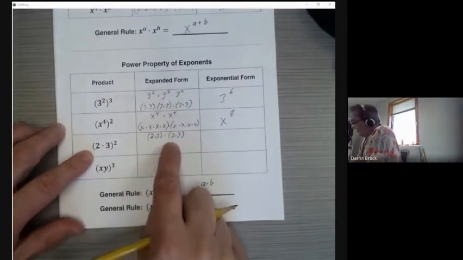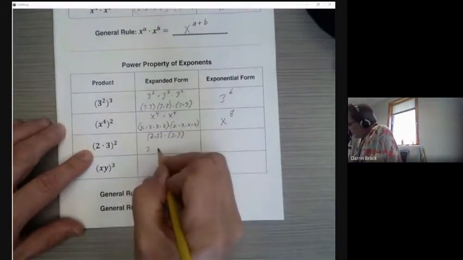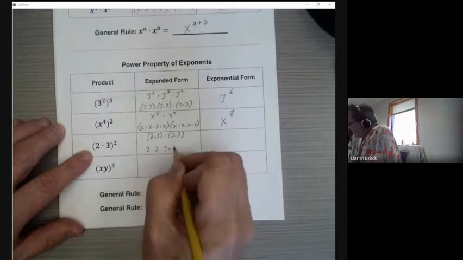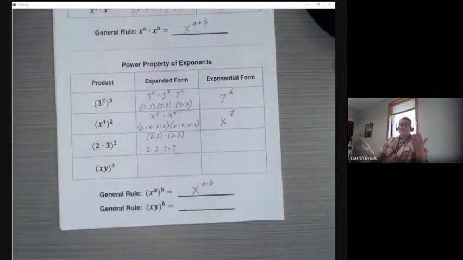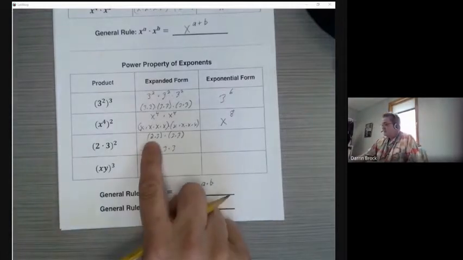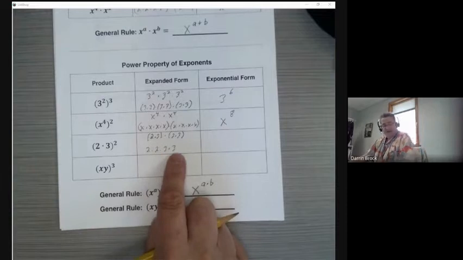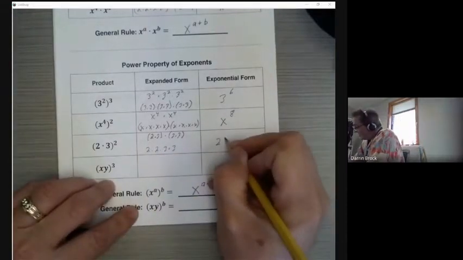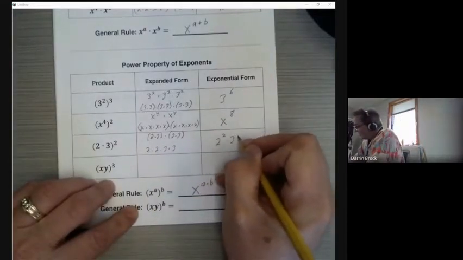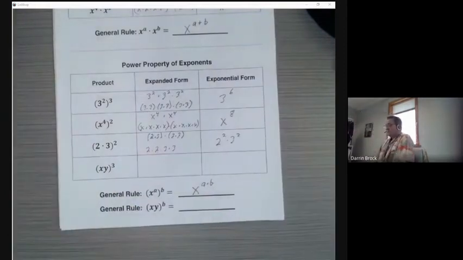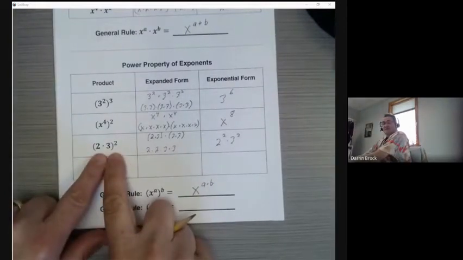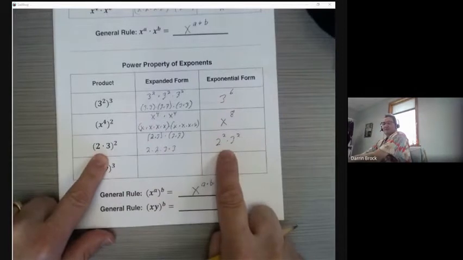So if we want to rearrange that and put them together, 2 times 2 times 3 times 3, because multiplication, you can multiply in any order, right? It doesn't change things to rearrange what the order is. 2 times 3 times 2 times 3 is 2 times 2 times 3 times 3, which is basically the same thing as 2 squared times 3 squared.